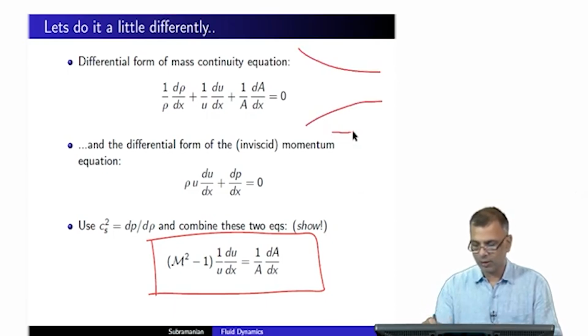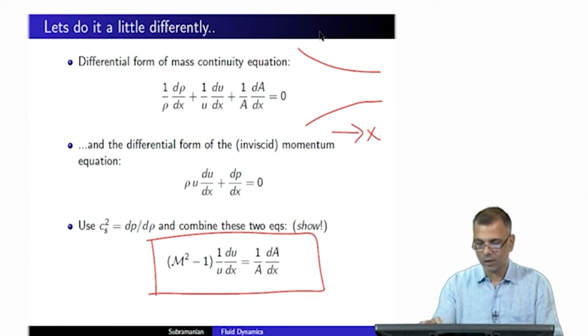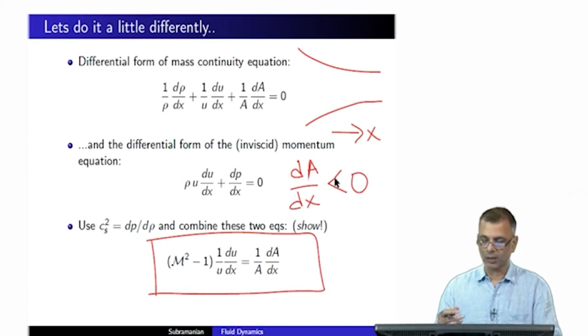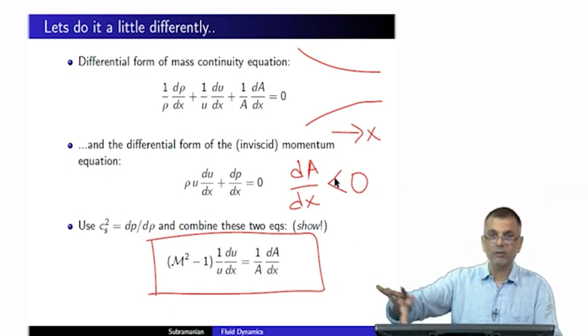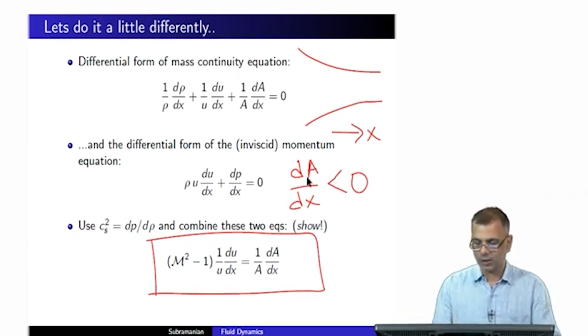If this is x, in this case the cross-sectional area of the tube is large here and small here. So in this case dA/dx is less than 0, and its opposite, dA/dx would be larger than 0 for a diverging channel. For a converging channel, dA/dx is less than 0.